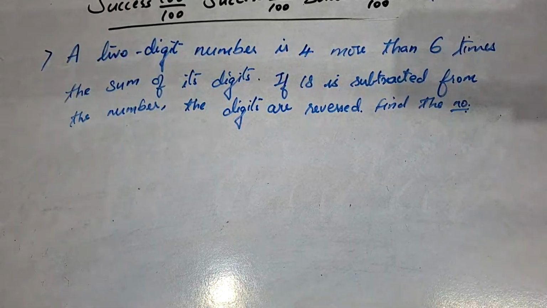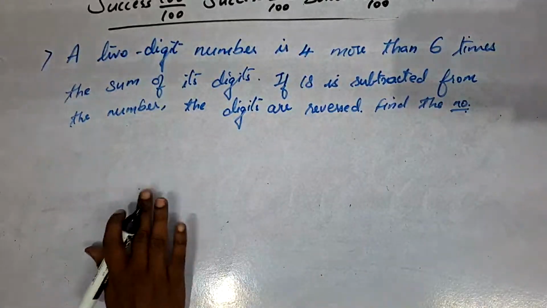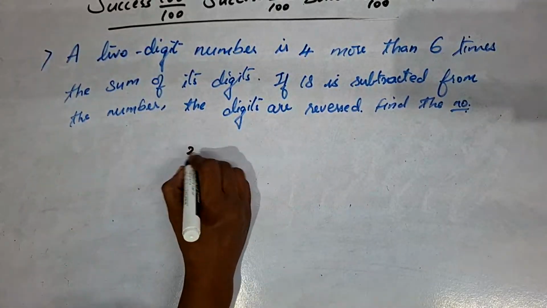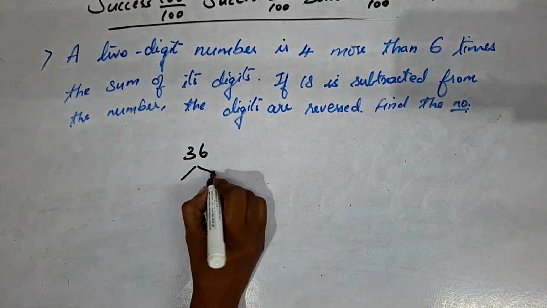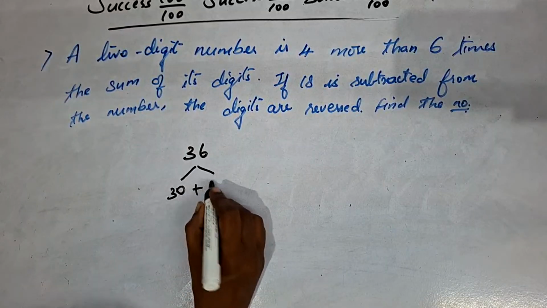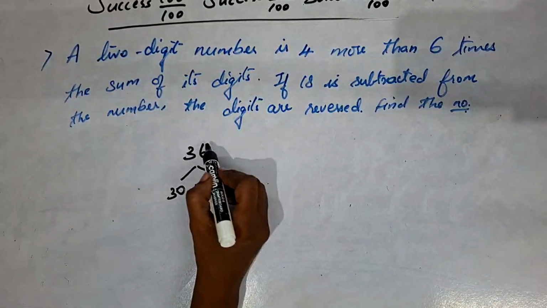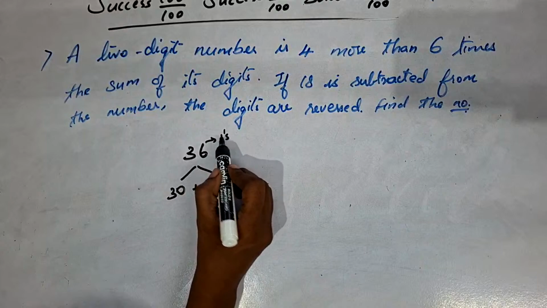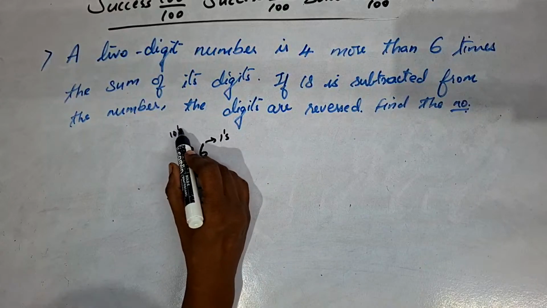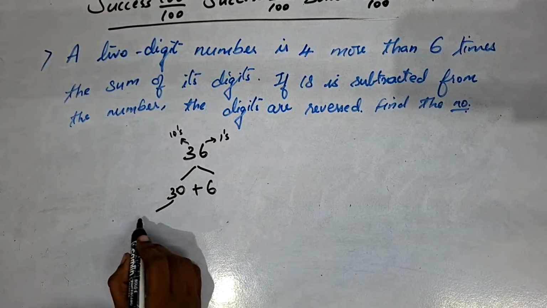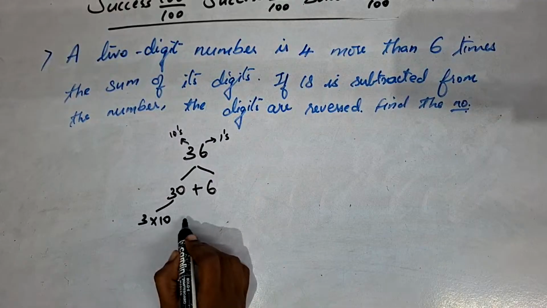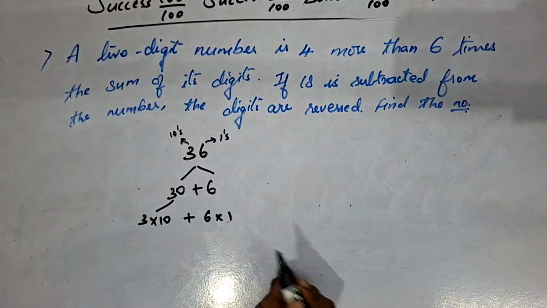Before getting into the solution of this question, see, when I have a number 36, it can be written as 30 plus 6. 6 is in units place and 3 is in tens place. I can split this as 3 into 10 plus 6 into 1.